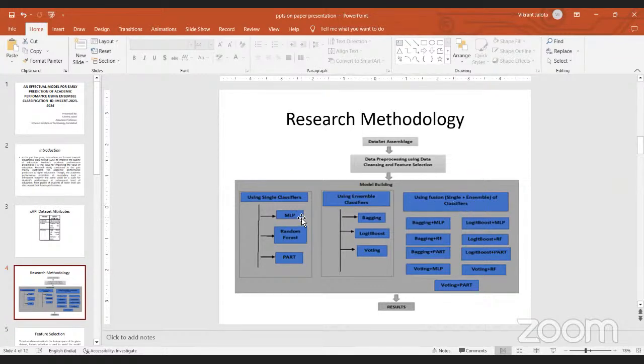Under the single classifiers, I applied 3 algorithms: MLP, multi-layer perceptron, random forest, and PART. Under the ensemble classifiers, I applied bagging, logic boost, and voting. And in the fusion, I joined these 2.